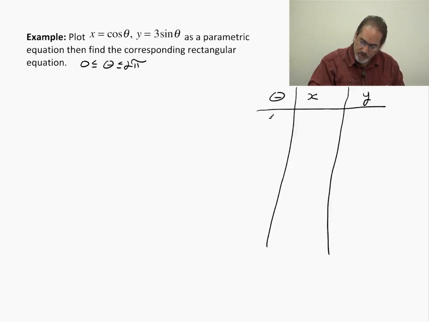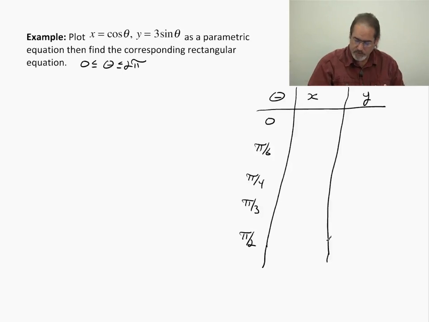I'm going to start off with theta 0, then go to pi over 6, pi over 4, pi over 3, and pi over 2. Work in the first quadrant for a moment. Well, x is cosine of theta, so cosine of 0 is 1. y is 3 sine theta. Well, sine theta is 0, so 3 times 0 is 0. So my first coordinate is x equals 1, y equals 0.